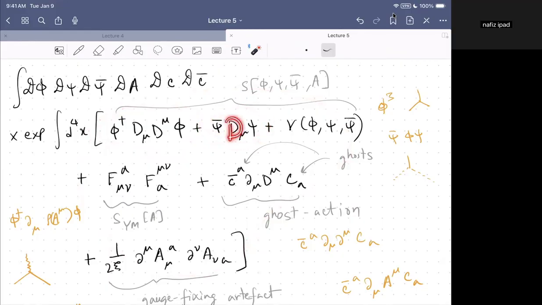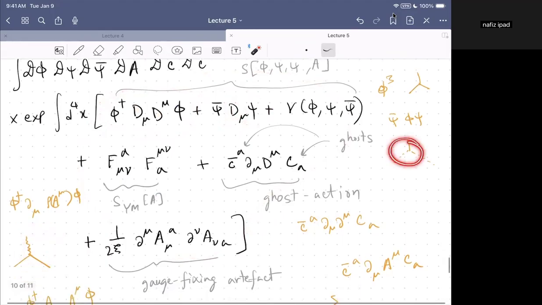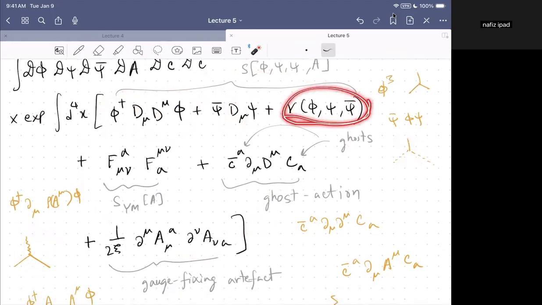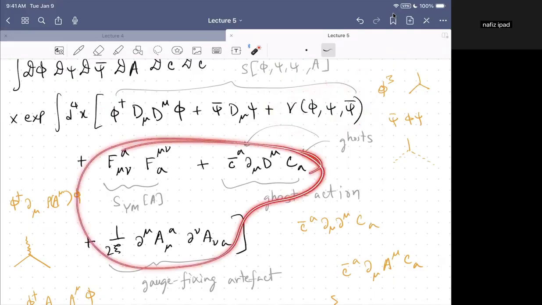And because the kinetic terms now involve covariant derivatives, you will have these kinds of interactions. And then what potential you have will depend on your choice of theory. Different theories will have different potentials. So this potential is the place where you specify which theory you're talking about, what physical phenomena you're trying to model. All of that goes in here. And this part is pretty much universal.